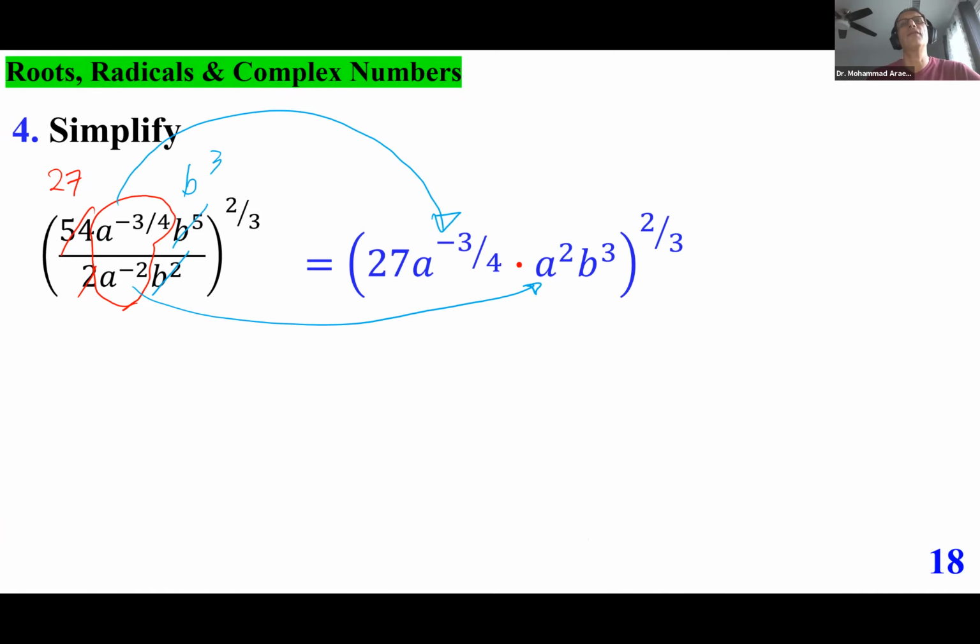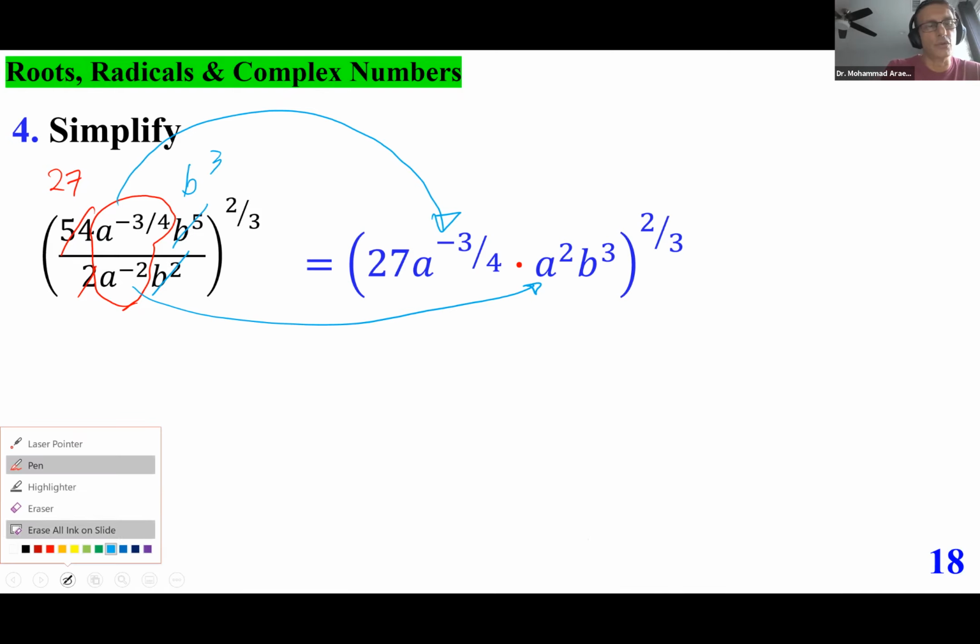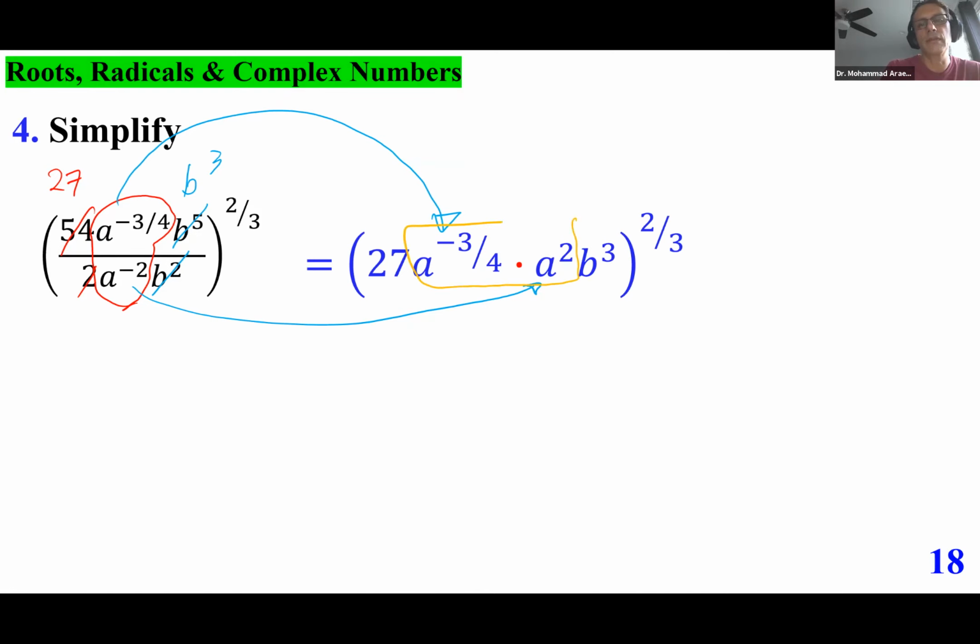Now we're going to raise everything to the power of 2/3. To do that, first and foremost, we notice these two, we can write them as a to the power of minus 3/4 plus 2, which is a to the power of 5/4, because 2 is 8/4.